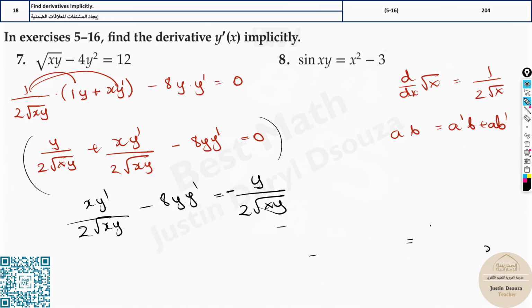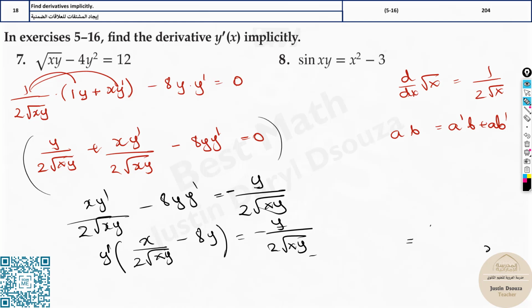Now then, y prime and y prime, I'll remove it as a common term outside. So what remains is x divided by 2 square root xy minus 8y. Because y prime is removed outside, you're remaining with x divided by 2 square root xy, and over here y prime is gone, only 8y, equal to negative y divided by 2 square root xy.